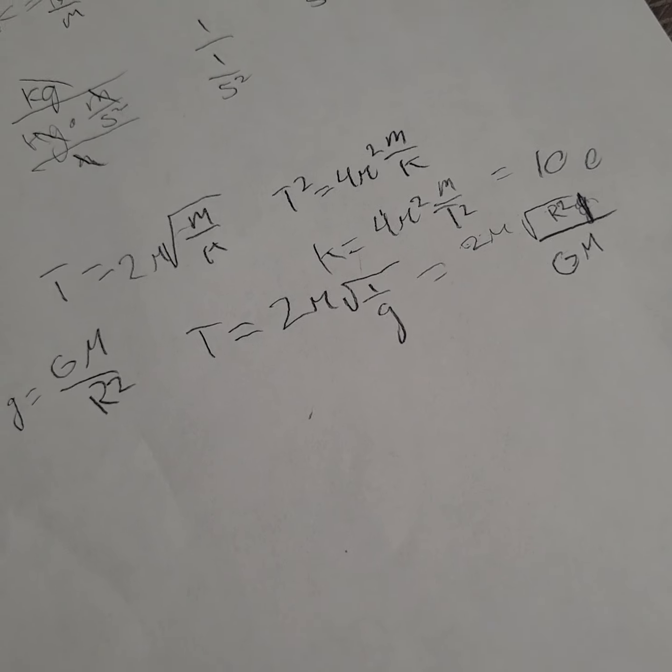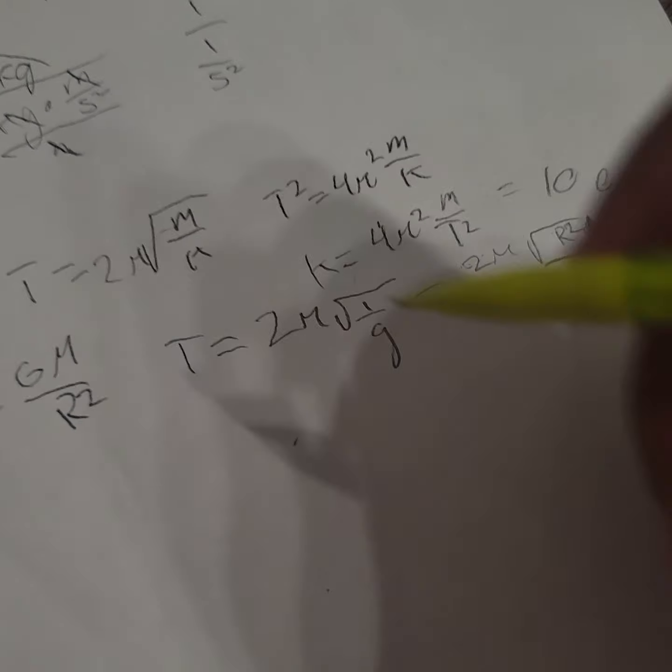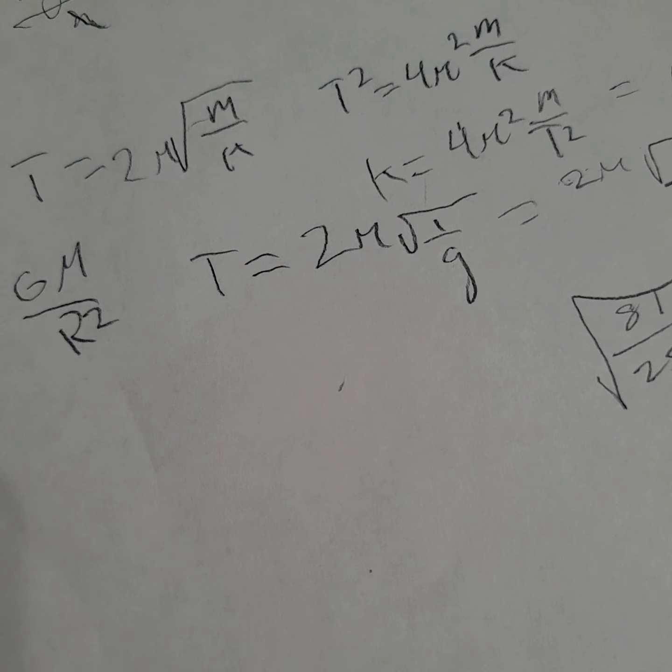When you plug this in, you get T equals 2π√(r² L over GM). So since r is squared, this would be 81 over 25, the square root of that, which is 9 over 5 when you solve that.